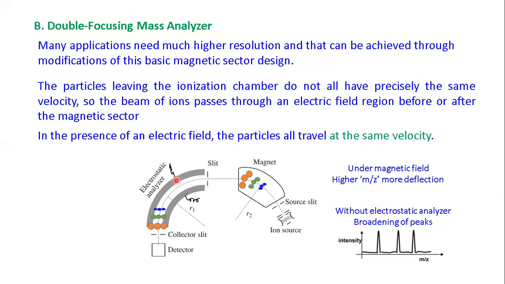So in the electrostatic analyzer, this part has a positive field, so that will be repelled. And if you have any negative ions, that will be screened out. We have negative here, so positive here will take care of negative and it will be neutralized, so that will not move to the detector.